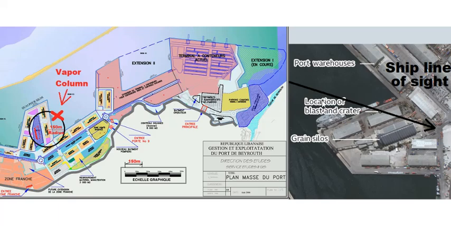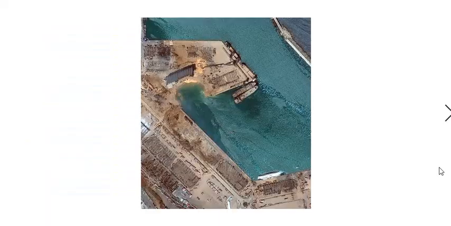Now, what's interesting about this is this. This is the general location right here of the vapor. It's sitting right on top of what appears to be deeper water, a deep hole right there.